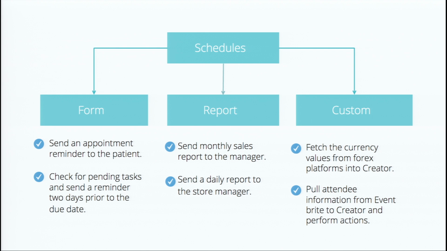Every morning we run a schedule to bring all the attendee information into Creator, and from Creator we send an email. So that pre-event survey goes out from Creator. You can do such kinds of integrations and bring in data. Any web API tasks that you want to do, you can do using custom schedules.